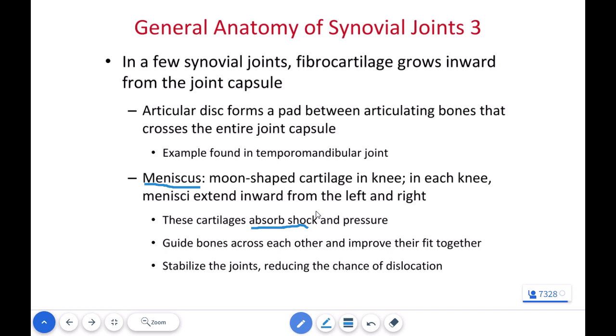They help to keep everything in sync with each other. In addition to helping the bones fit together, they reduce the chance of dislocation. To dislocate your knee will probably result in tearing the meniscus. You have to physically glide the condyle of the femur over the meniscus in order to separate the femur from the tibia.